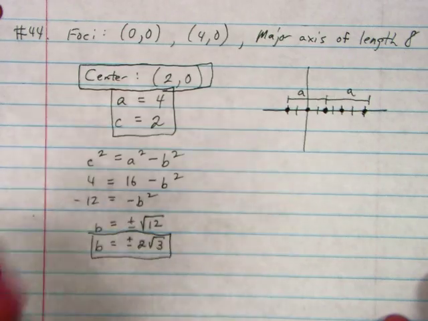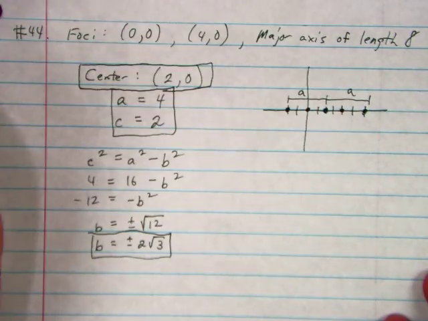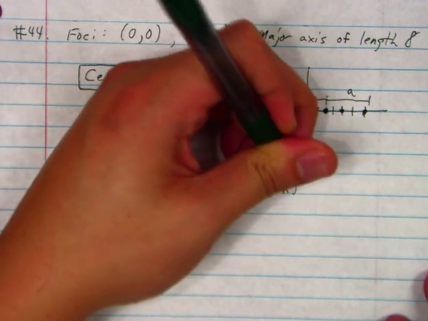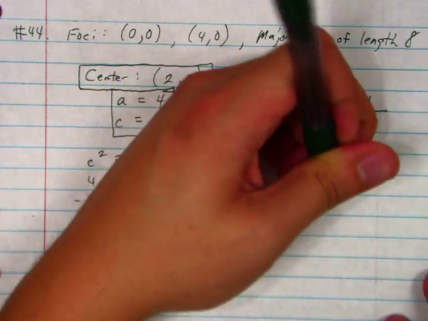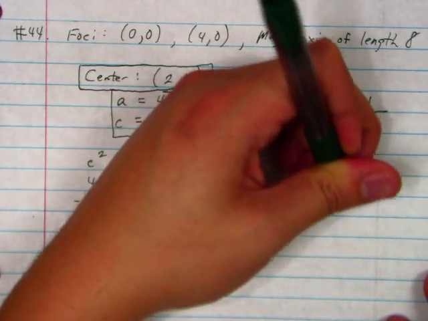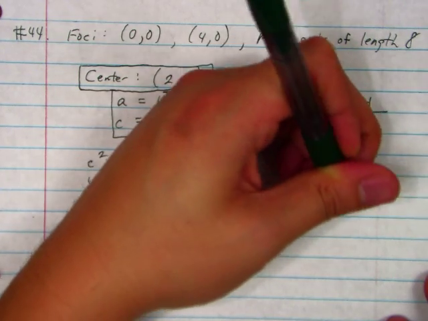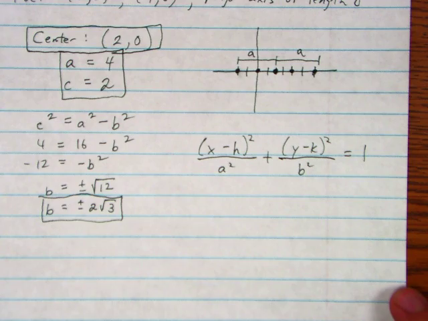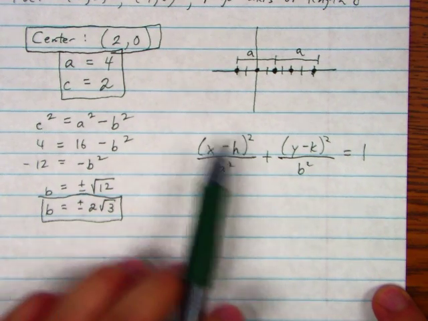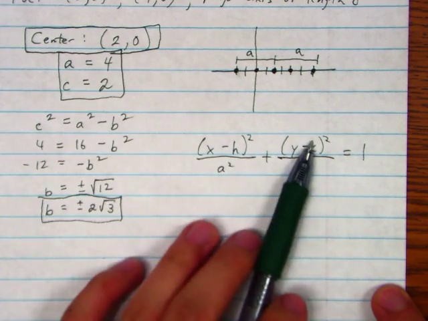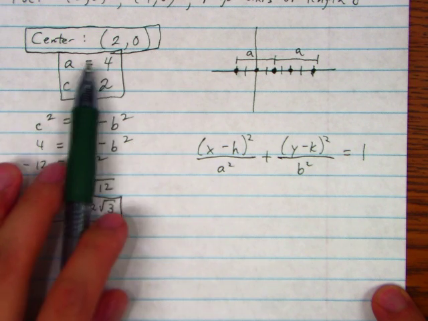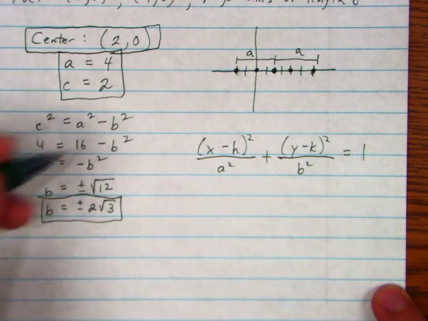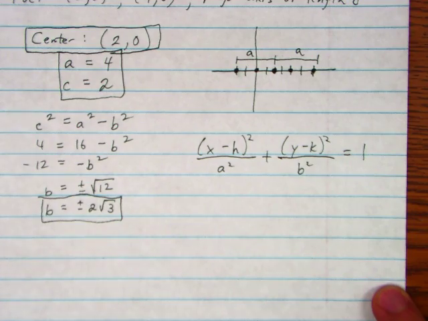So my final equation here will be, let's write down the standard equation here. Okay, h is 2, k is 0, a is 4, b is 2 root 3 or root 12.